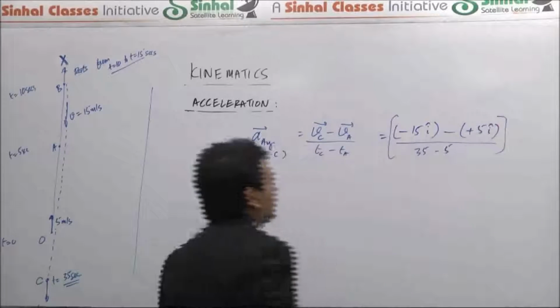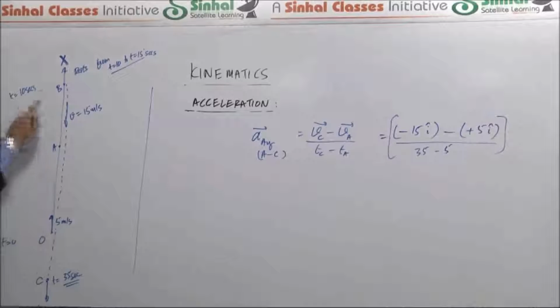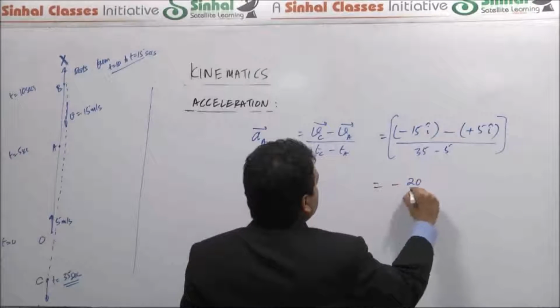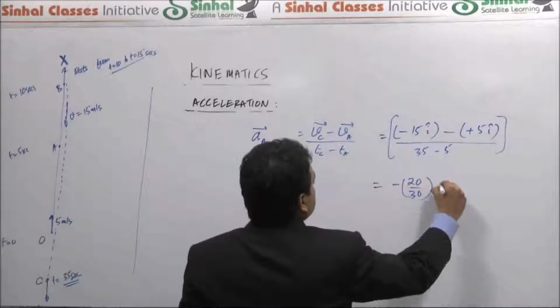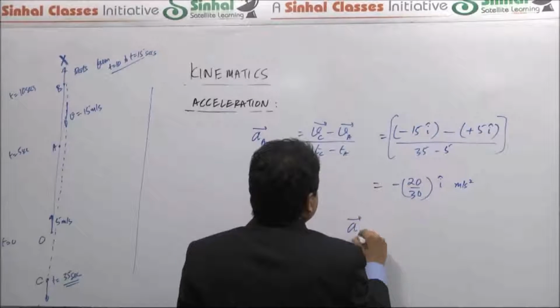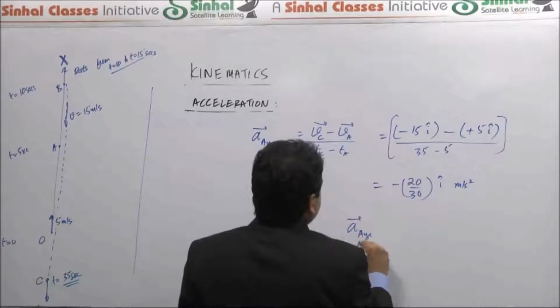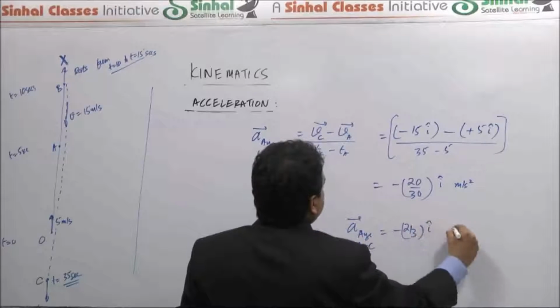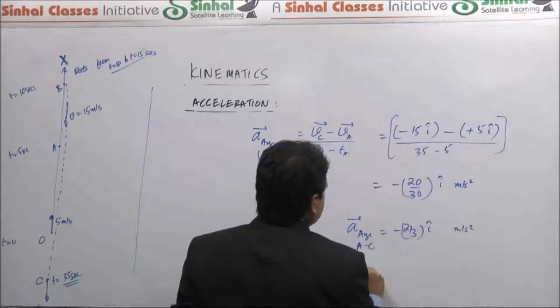The total time from A to C: A to B takes 5 seconds, then it's at rest at B for another 5 seconds, so that's 10 seconds, and another 20 seconds to C, a total of 30 seconds. So this becomes minus 20 by 30 i cap meters per second square. So the average acceleration from A to C is minus 2 by 3 i cap, or its magnitude.